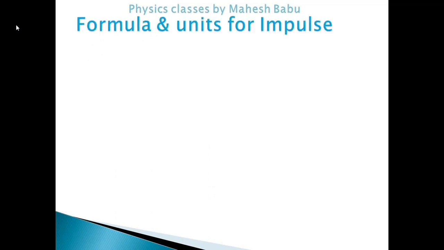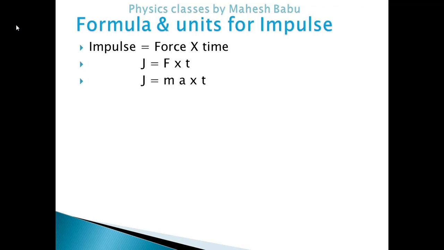Now formula and units for impulse. Impulse equals a large force acting for a short interval of time. So impulse equals force into time. Impulse is denoted by the letter J, force F, time t. So we can write F is m into a, mass into acceleration.